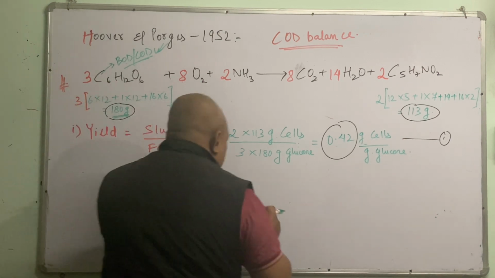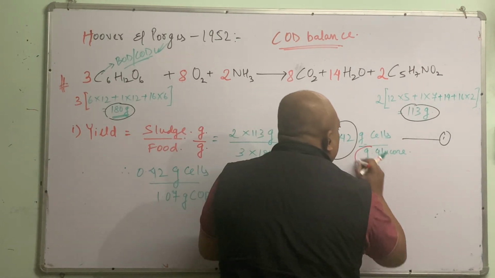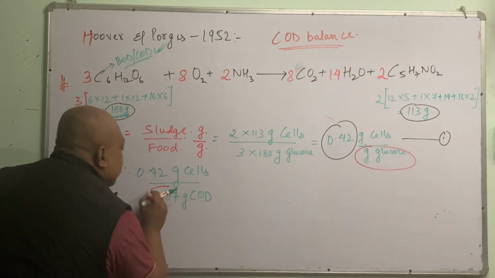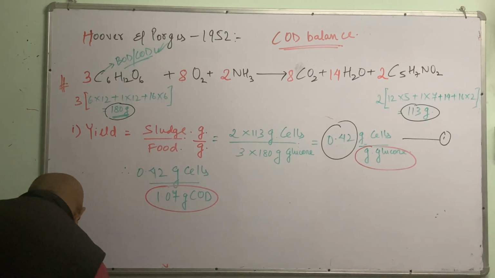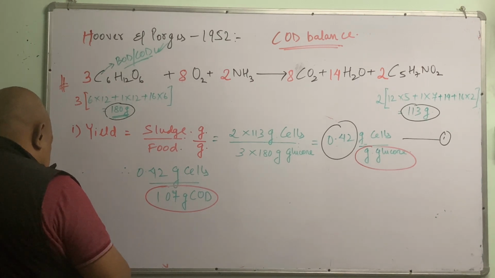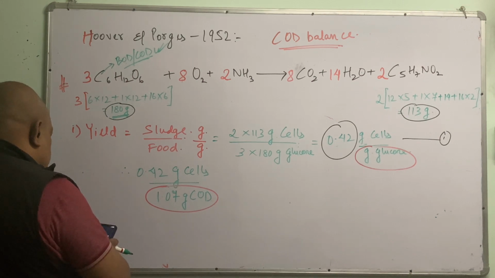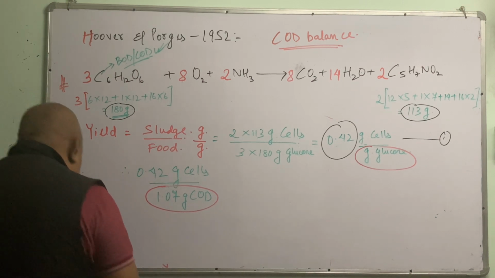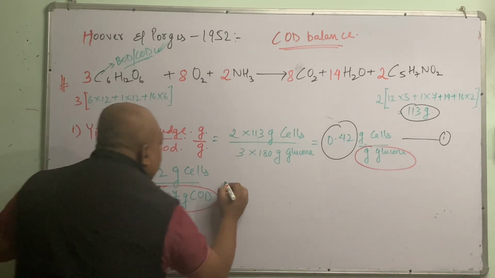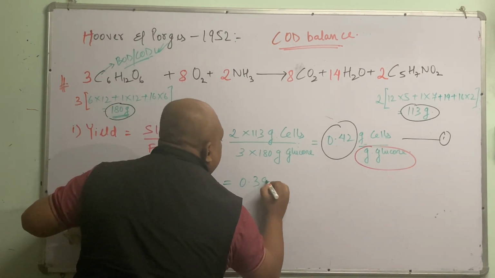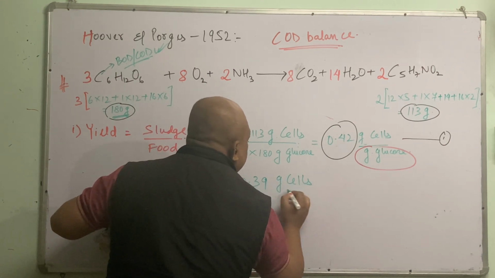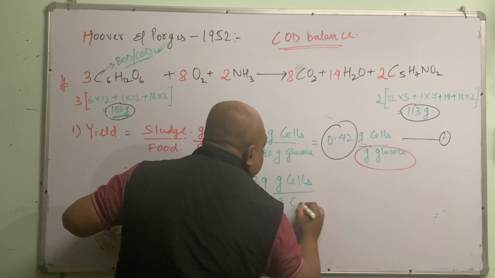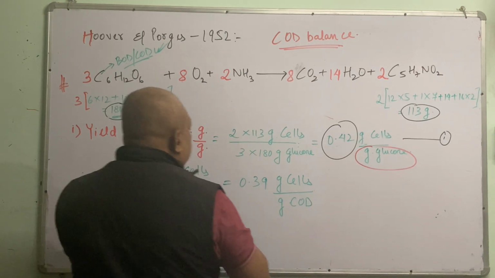So instead of gram of glucose, I'm substituting gram of COD. 0.42 divided by 1.07 is 0.3925, so this is equal to 0.39 grams of cells produced per gram of COD from this main equation.